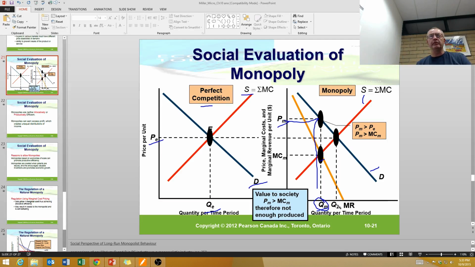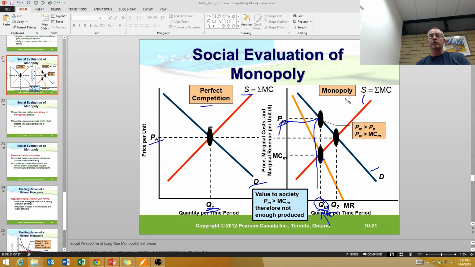And so we can see from this illustration that in monopoly, the monopolist is inclined to produce a lower quantity than would be produced in perfect competition, and the price will be higher than we would experience in perfect competition.